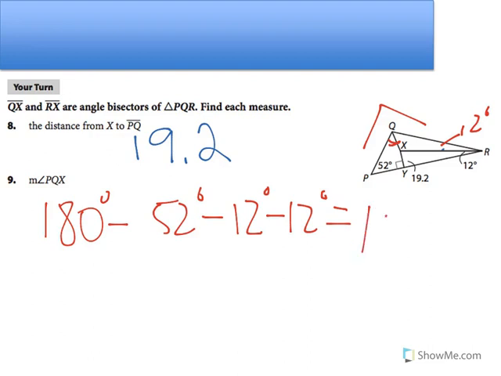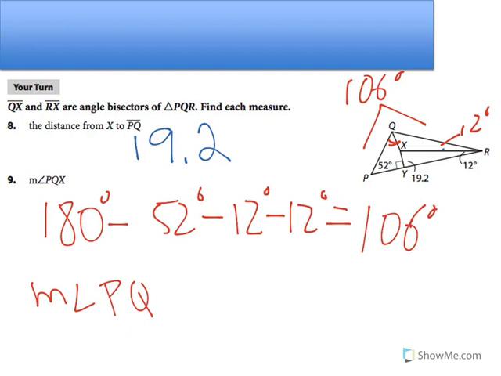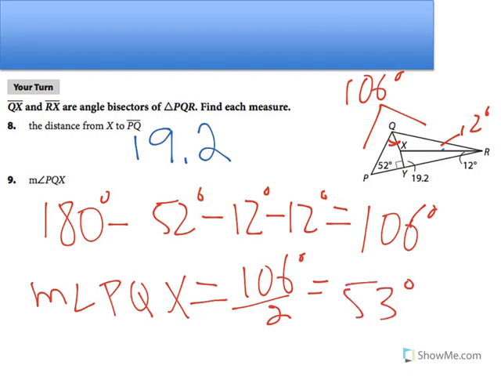This gives us 106 degrees. So this angle here is 106 degrees, and the measurement for PQX is half of that, so this will be 53 degrees.